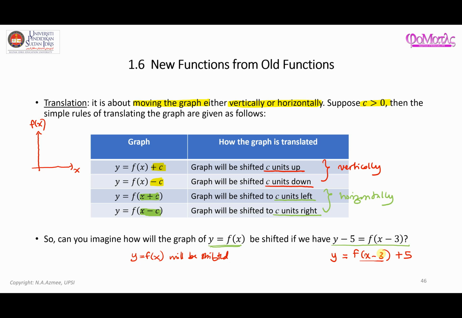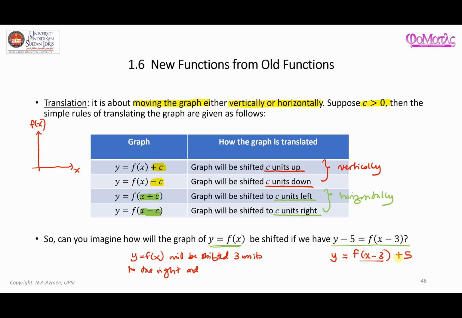Now that negative 3 is a change inflicted to x, so there is a change with respect to x. We are talking about the horizontal movement here. So y equals f(x) will be shifted 3 units to the right.